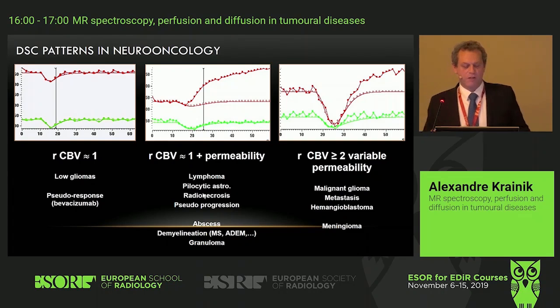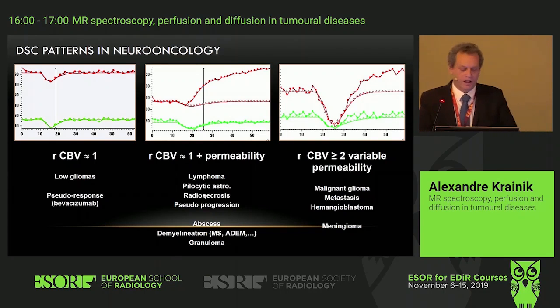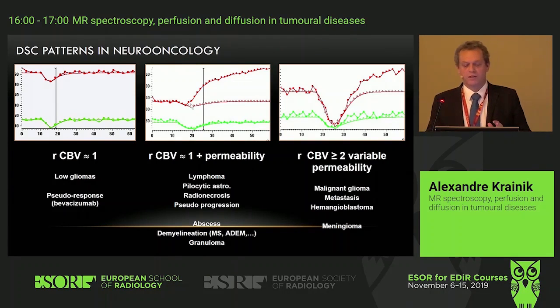And when you have rCBV close to 1 plus permeability, you will see this in lymphoma, pilocytic astrocytoma, rhabdomyosarcoma, and pseudoprogression, in many other conditions like demyelination, abscess, or any kind of granulomas. Then remember these 3 different patterns. You have the highly vascular pattern, don't care about permeability.